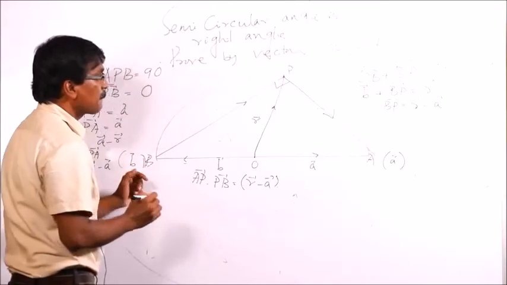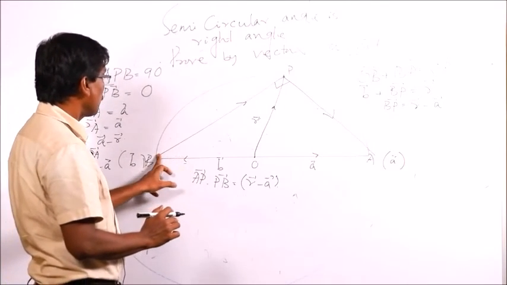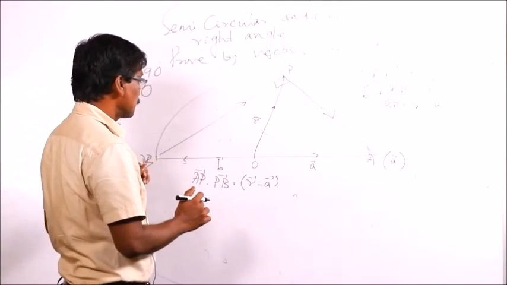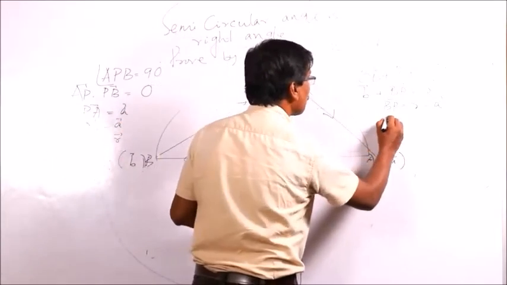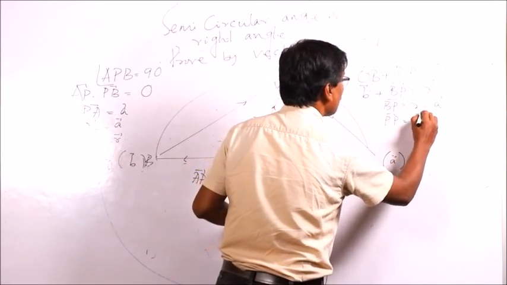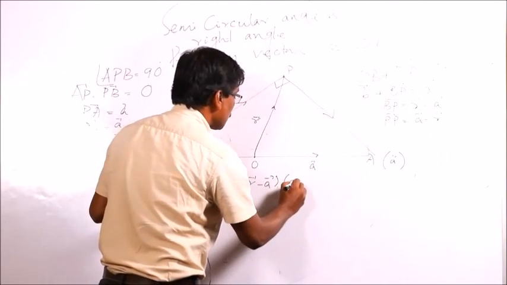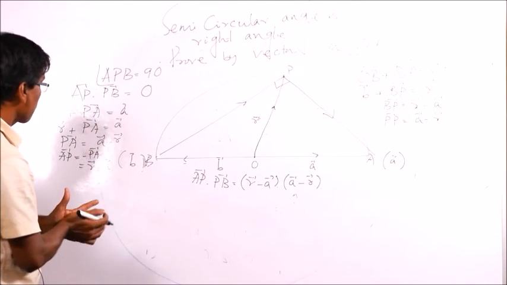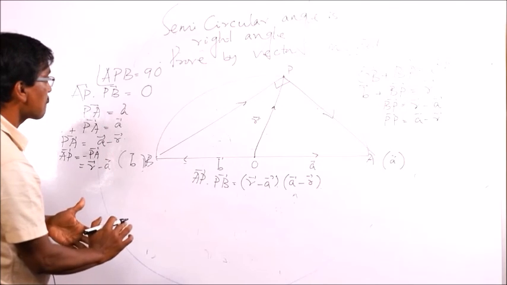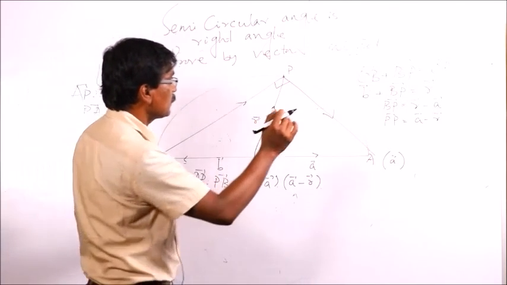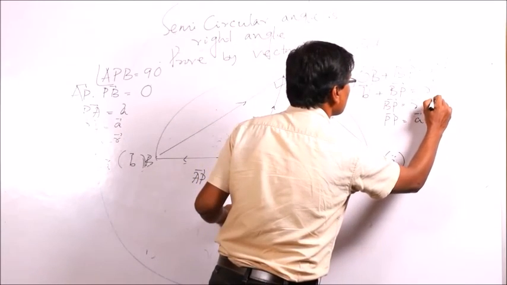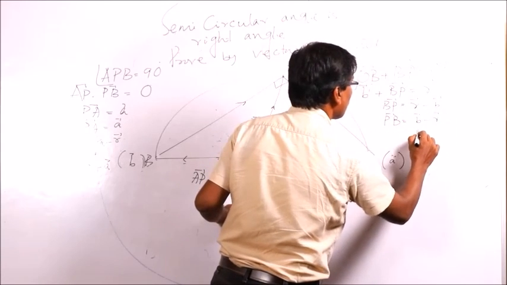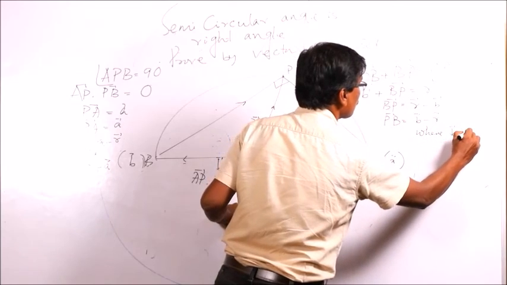And PB vector is equal to B minus R vector, where B vector is equal to minus A vector.